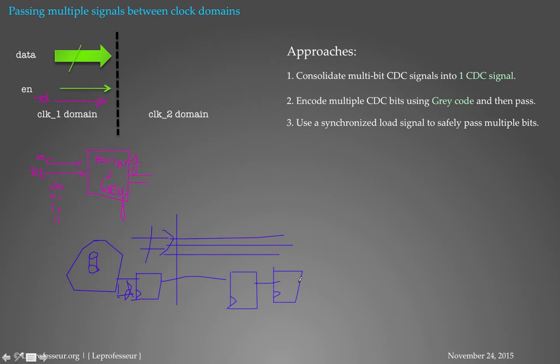Once you have this signal, it means that now you can use the data bus. However, it's always good practice to send a feedback signal back to the sending clock domain, which makes sure that your data is being properly read.